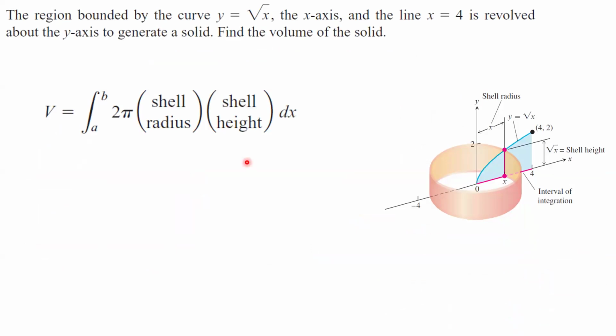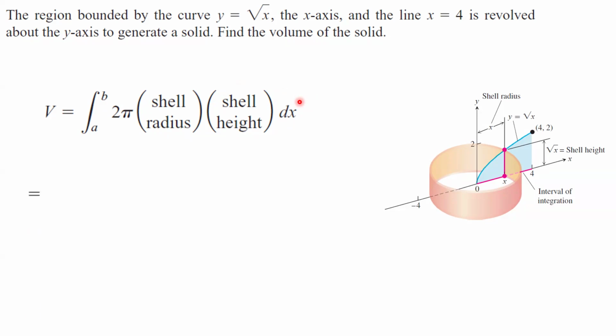So remember the formula. The volume using cylindrical shells is the definite integral of 2 pi, the radius of the shell, times the height of the shell. And again, delta x is the thickness of your cylinder. When you're taking the limit of delta x, which is b minus a divided by n, as n goes to infinity, you create dx.